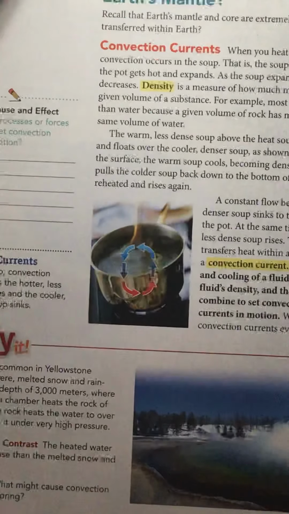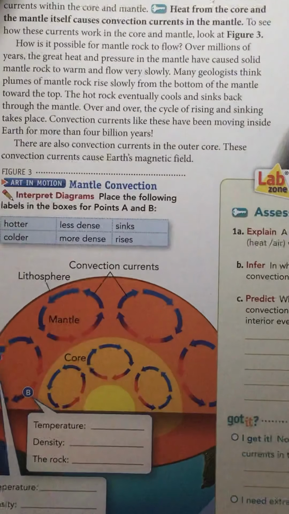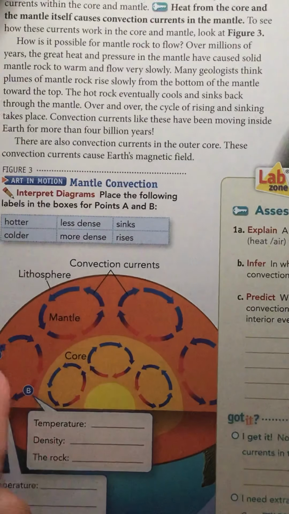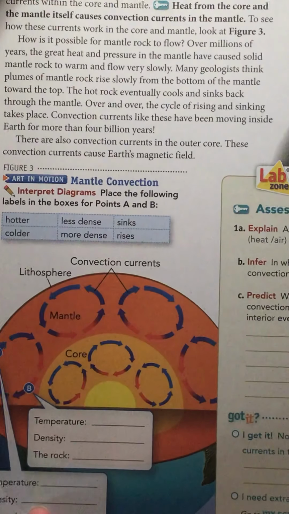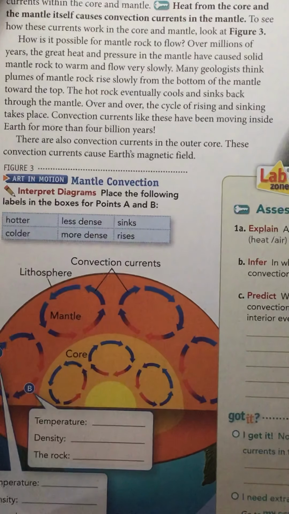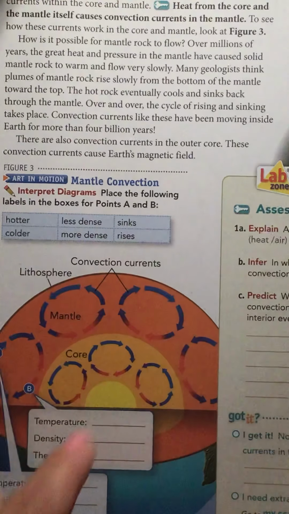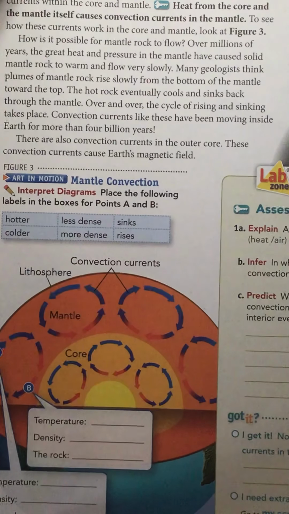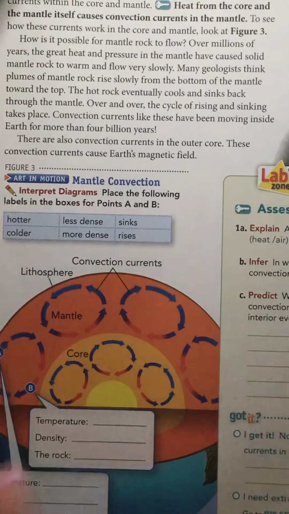So cool would be more dense. Cool is more dense. This is less dense. The cooler air sinks, so this would sink. Warmer air rises. So if you want to fill those in on there, you can do that.